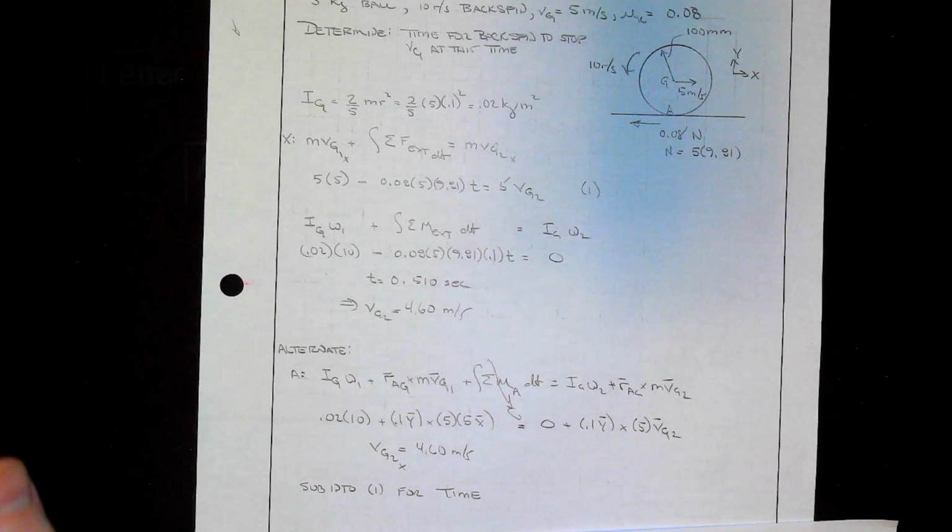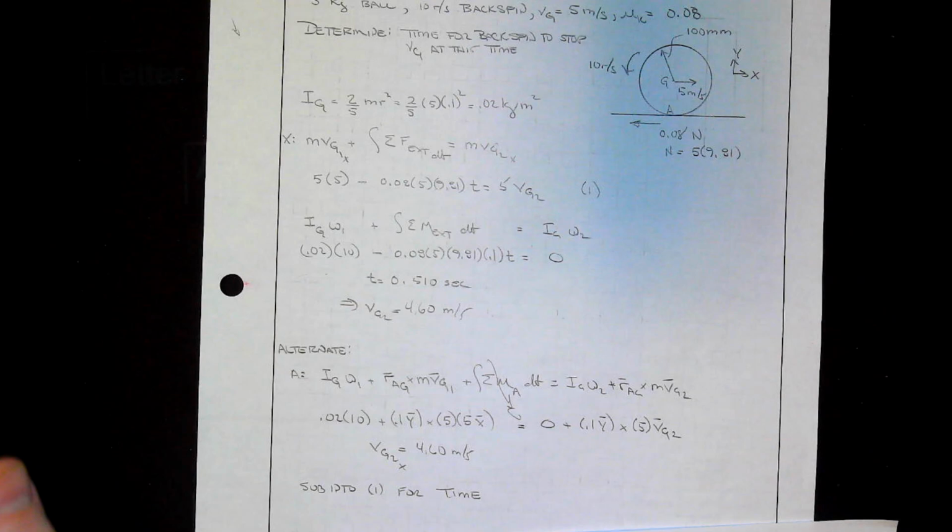So here we have 5 kilograms times 5 meters per second. Then we have this force that's trying to stop the backspin, minus 0.08 times 5 times 9.81 times some time. So we're going to figure out the time for the backspin to stop, and then how fast G is going when that happens. All right, so we have two unknowns. We need some more information.